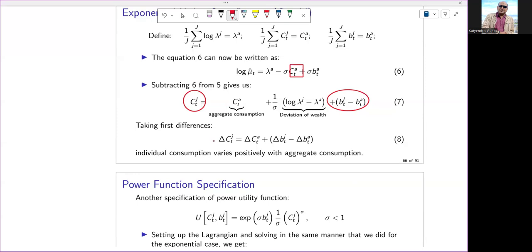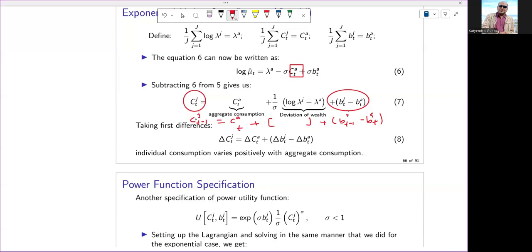Now we are going to do one more thing because there are a few things that are not our interest, for example, this deviation of wealth as well. So what we are going to do is write this equation in the lag form as well. So write it for agent J for time period t minus 1. This will be consumption t plus this remains the same because there is no time period in it, and here you will have b j t minus 1 minus b a t.